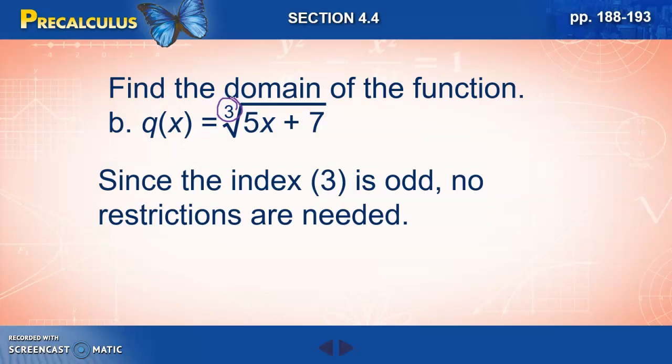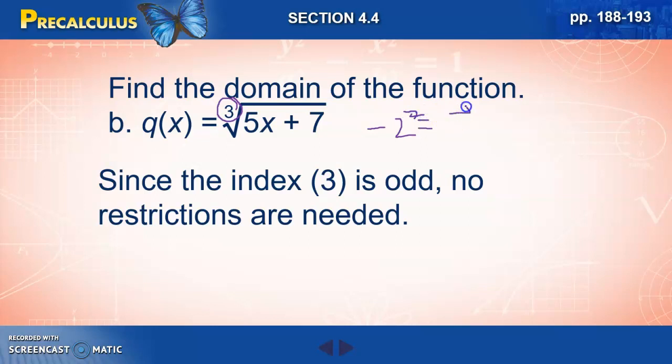Previously, we were dealing with square roots and even roots. But since the index is 3, it's odd, no restrictions are needed. Why not? Well, think about it. If we take a negative number and square it, we're always going to get a positive number.